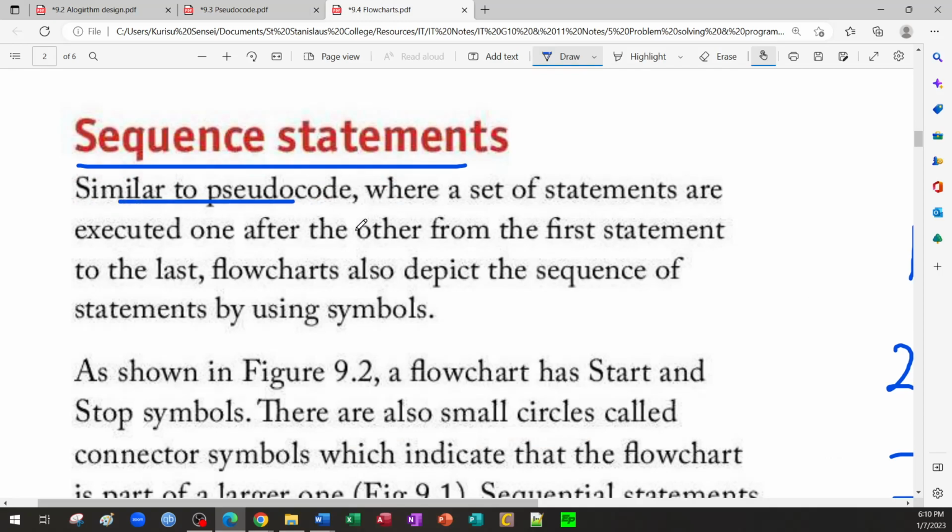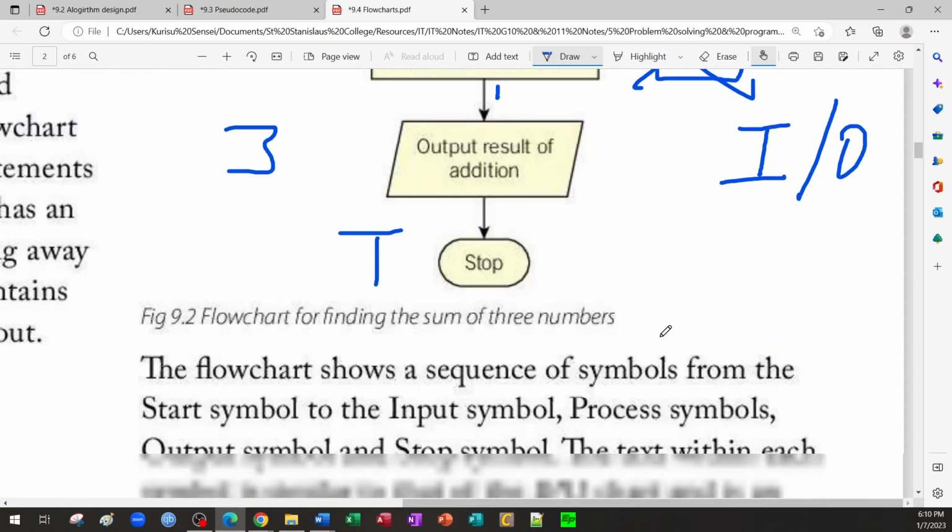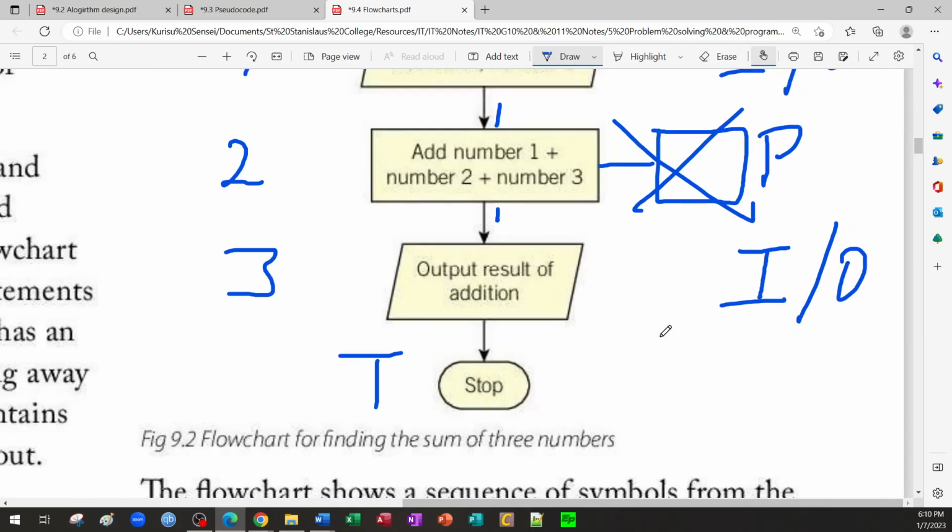So similar to pseudocode, where a set of statements are executed one after the other from the first statement to the last, flowcharts also depict the sequence of statements using symbols. As shown in figure 9.2, so that's going to be this one over here.